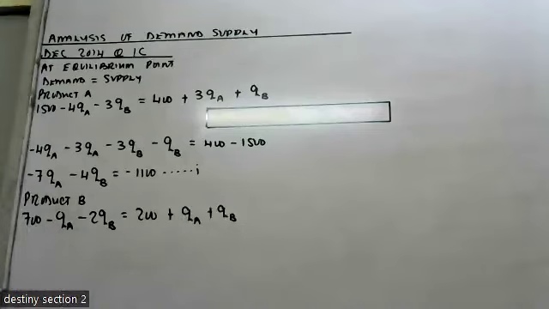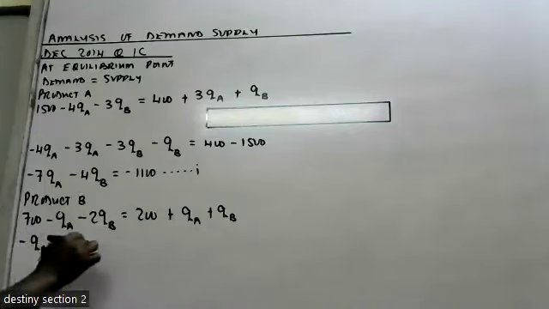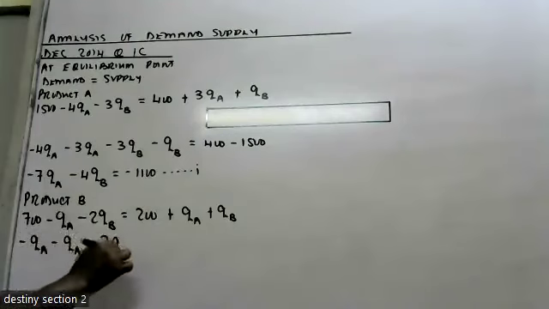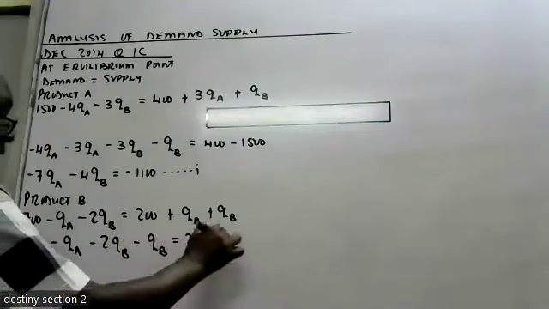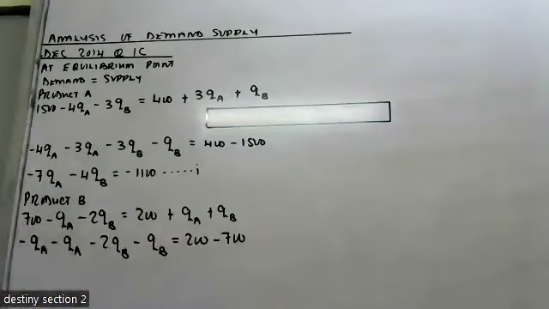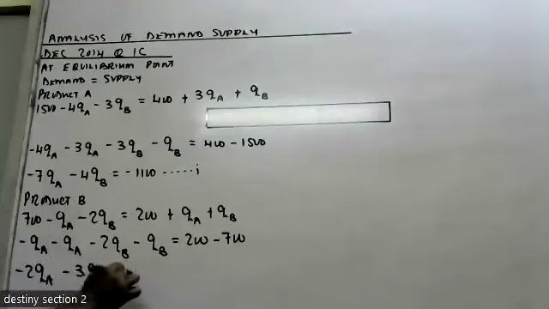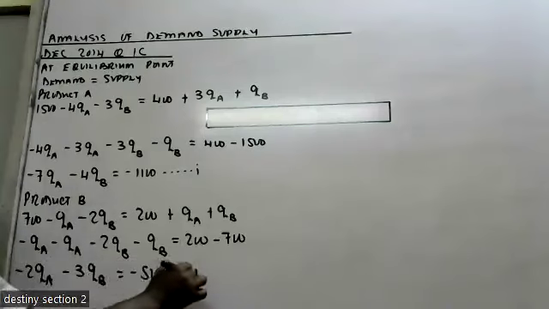So putting like terms together, I have minus QA minus QA again, then minus 2QB minus QB is equal to 200 minus 700. And in so doing, I'm left with minus 2QA minus 3QB being equal to minus 500.